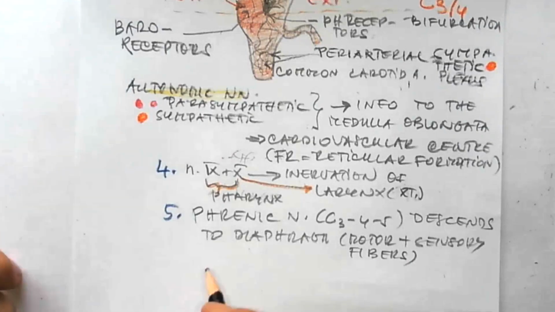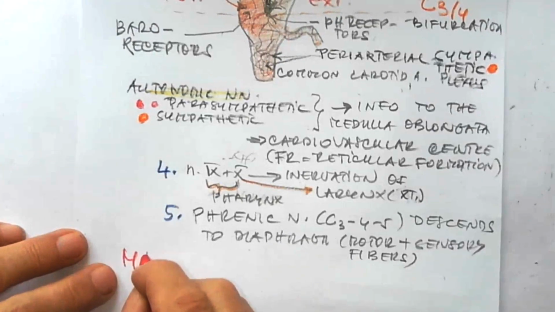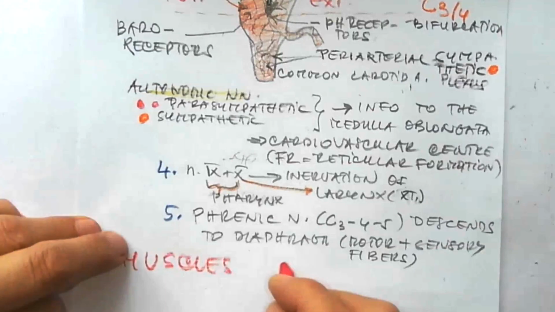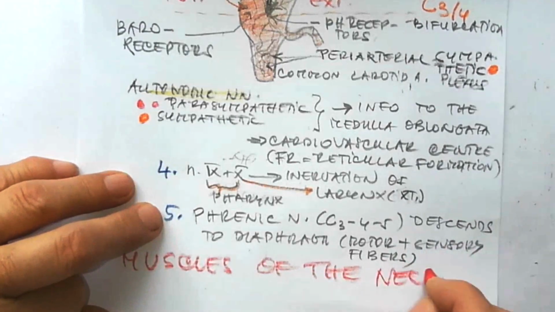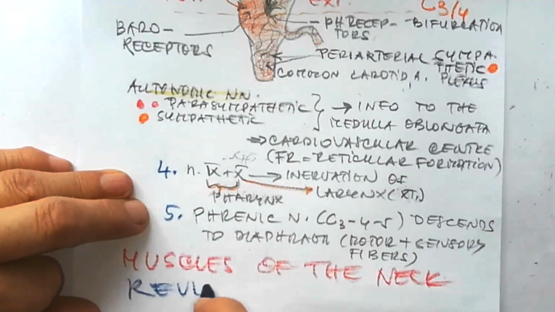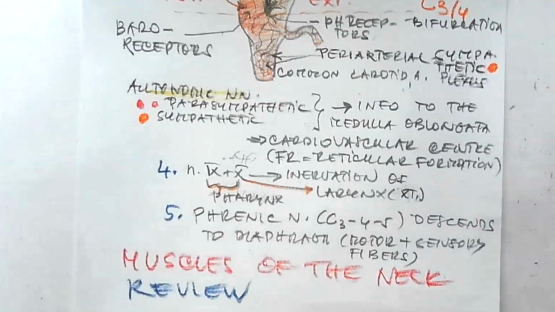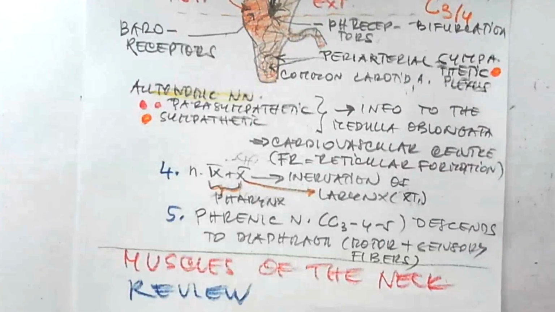And then a short review of the muscles. So we could say muscles of the neck, and repeating just a short review, because we don't have time to spend the whole time with the muscles.